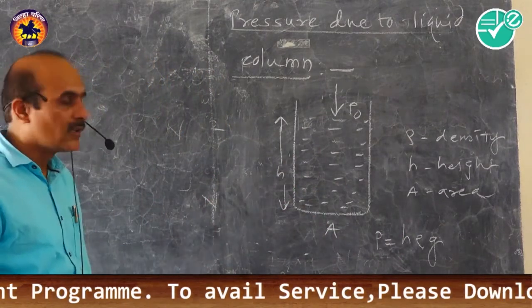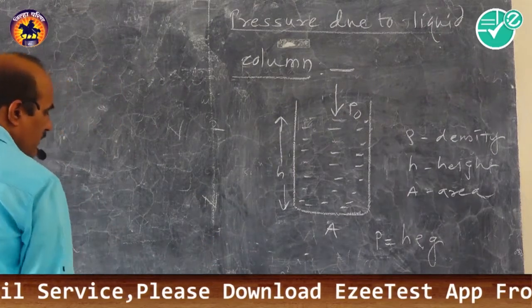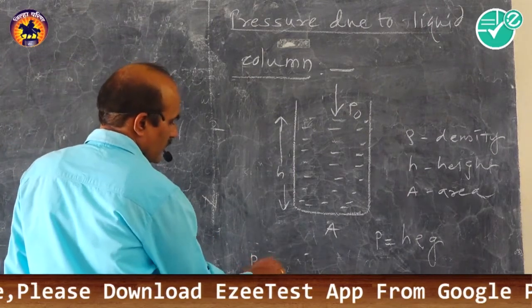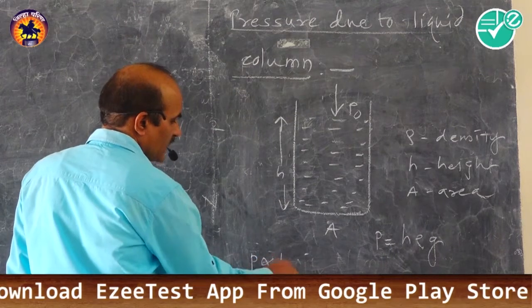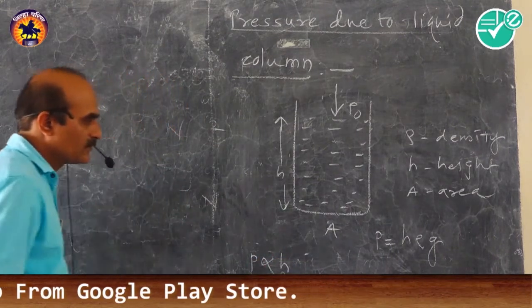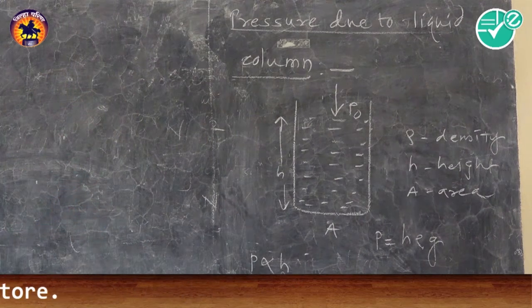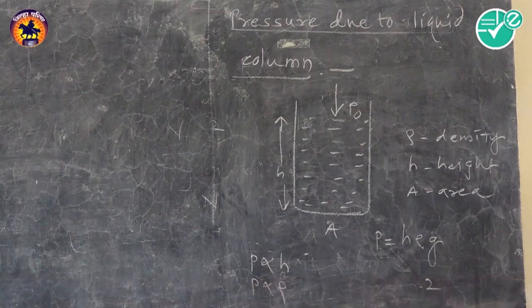From this equation we can say that the pressure is directly proportional to the height and directly proportional to the density. So as the height or depth increases, the pressure increases.